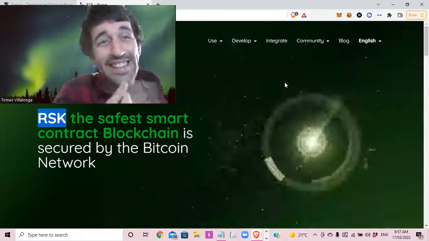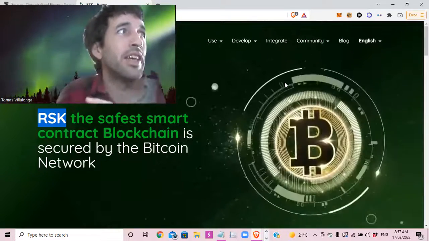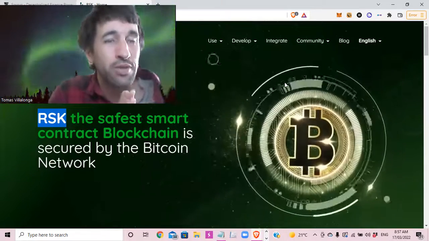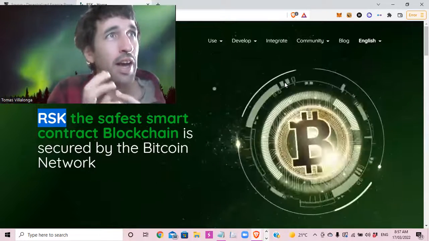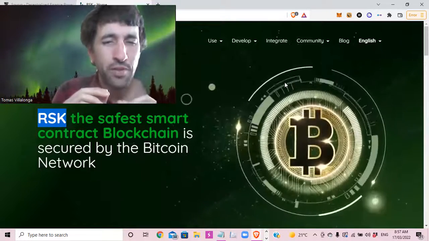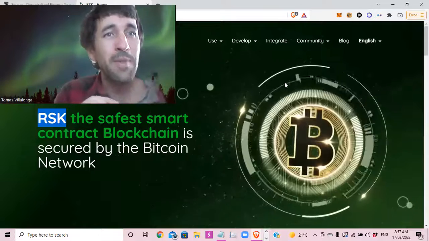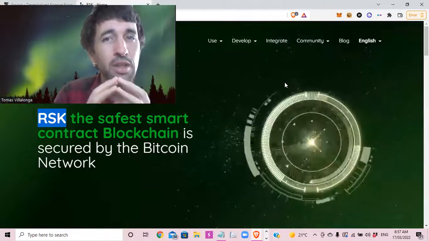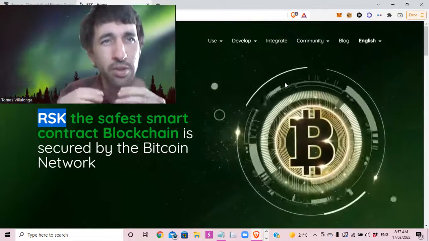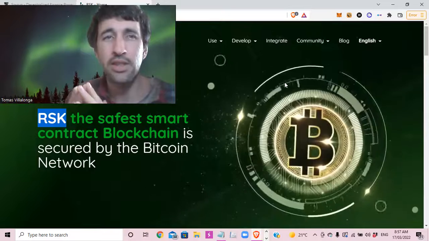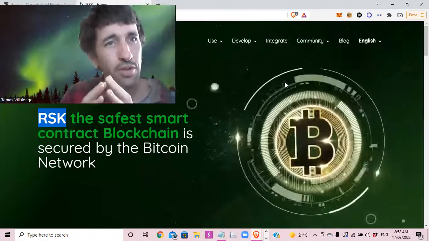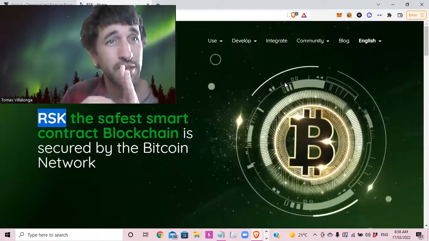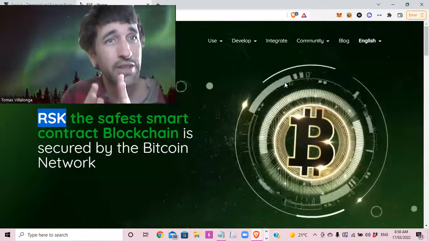And another thing that is amazing is that RSK uses something called, I think I heard it mentioned as merge mining, okay? So what this process does is that the miners of Bitcoin have the option of, at the same time as they're mining Bitcoin, mining the RSK chain.